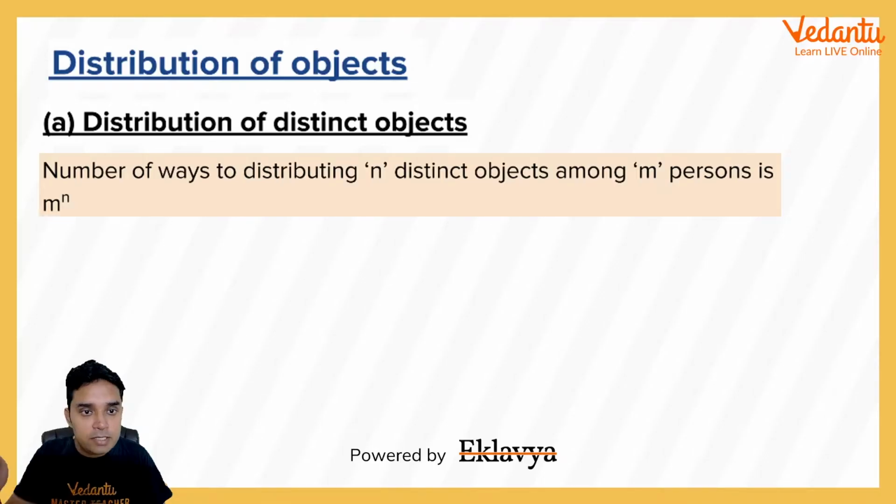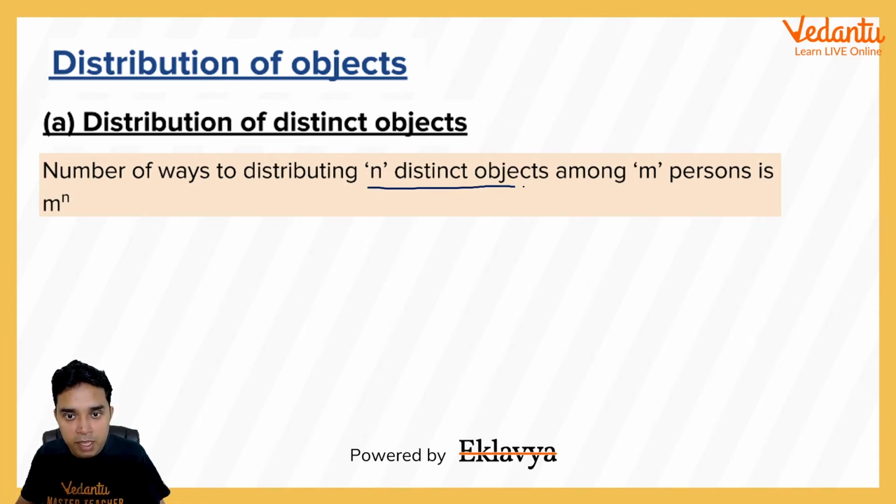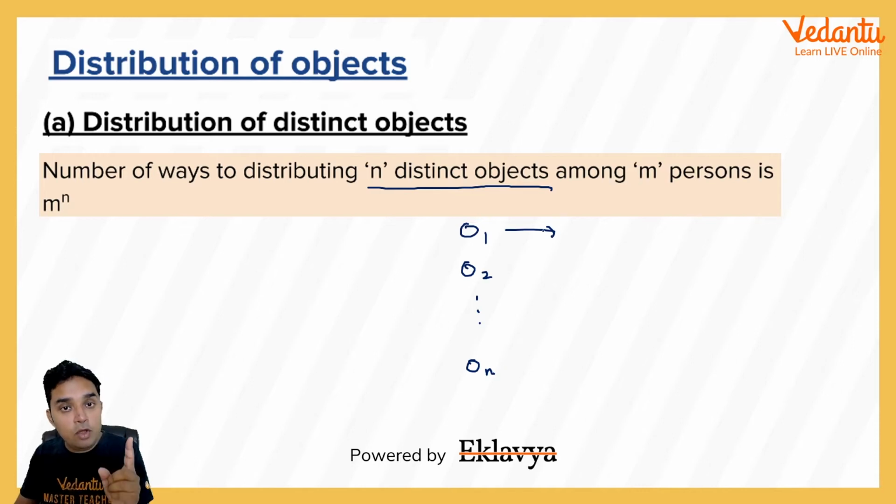Okay, so first please understand, when we have to distribute n distinct objects among m persons, and let us call these objects O1, O2 and so on, On. Because we have to distribute the objects, every object will have m options to go.